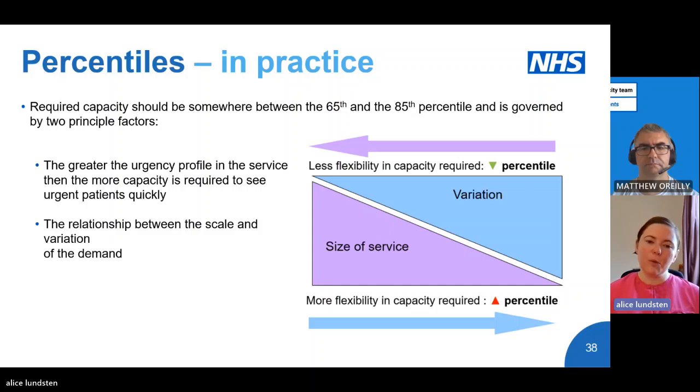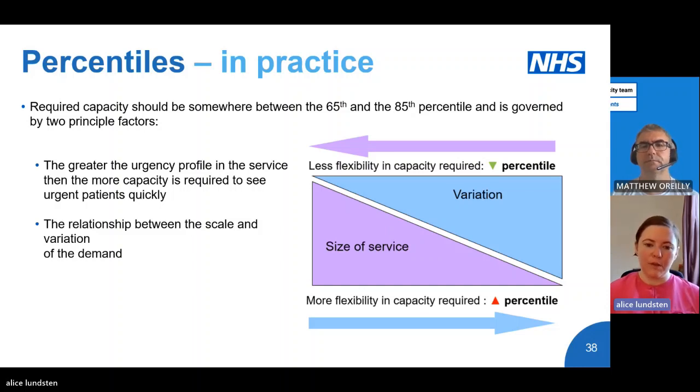And then another concept which we reference in the video, but which again doesn't always instinctively make sense to people, is this concept that larger services have less variation and smaller services have more variation. The way I like to think about this is the impact that 1 or 2 patients' decisions would make on the overall numbers.